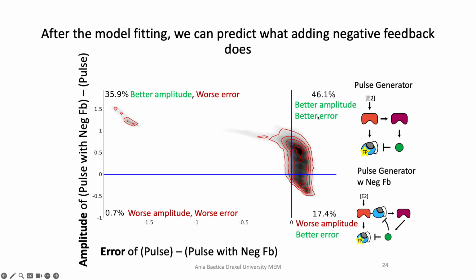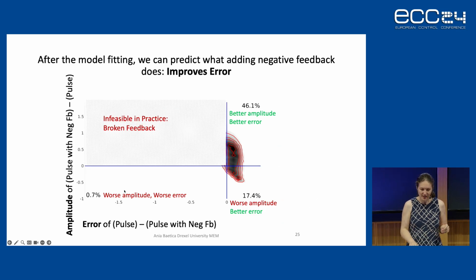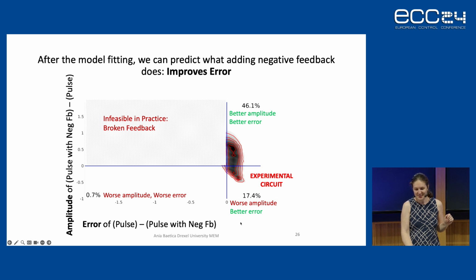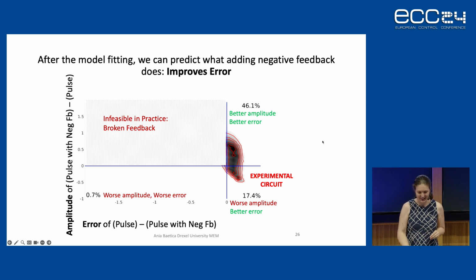On the right-hand side, we have better amplitude, better error. Then on the bottom, worse amplitude, better error, and then worse amplitude, worse error. So in practice, our actual circuit is located in this quadrant of worse amplitude and better error, which I think is just very interesting and fascinating.